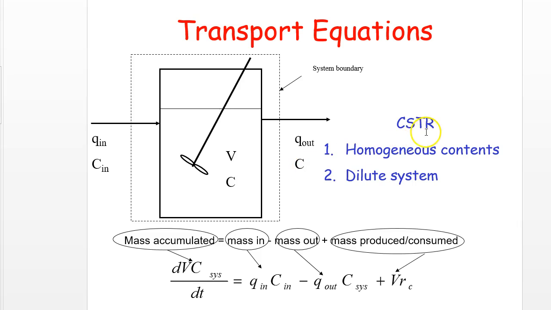And since it's a CSTR, we assume it's homogeneous. So in other words, whatever is inside here is also represented by what comes out. And the equation, mass accumulated with time, is based on what comes in, what goes out, and the mass produced or consumed.